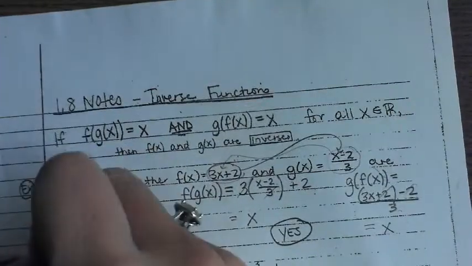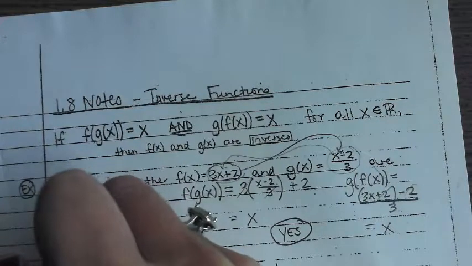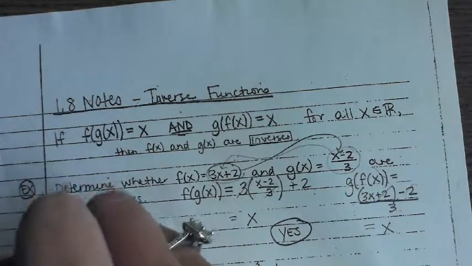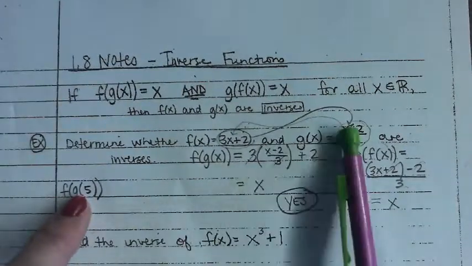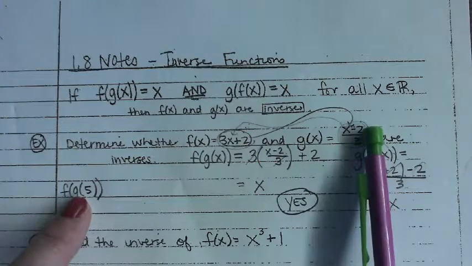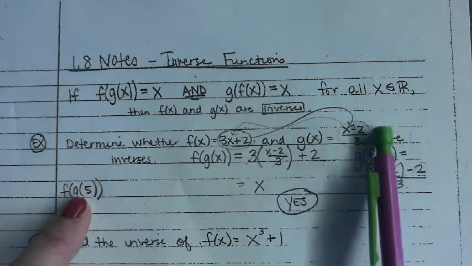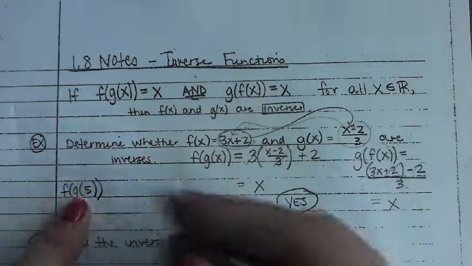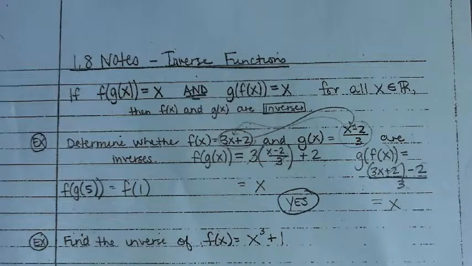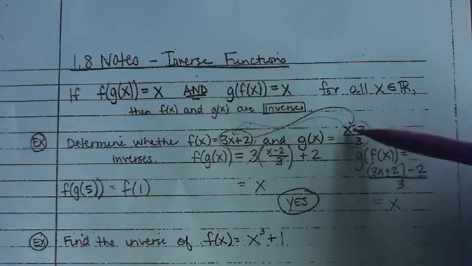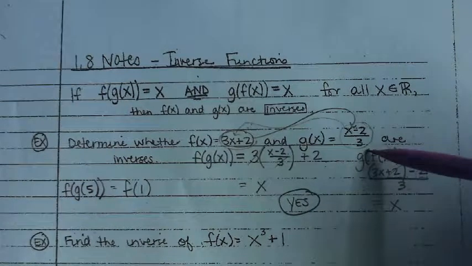Just for the sake of elaborating on that example, take a look at f of g of 5. If I had 5, I would subtract 2 and then divide by 3. So 5 minus 2 is 3, divided by 3, out pops a 1. So then it would be f of 1. Remember the order in which I did that: I subtracted the 2 first and then divided by 3.